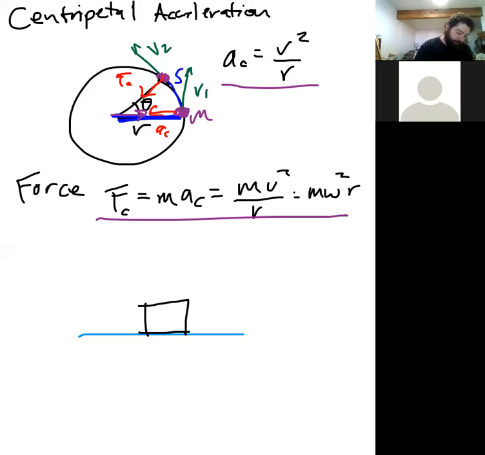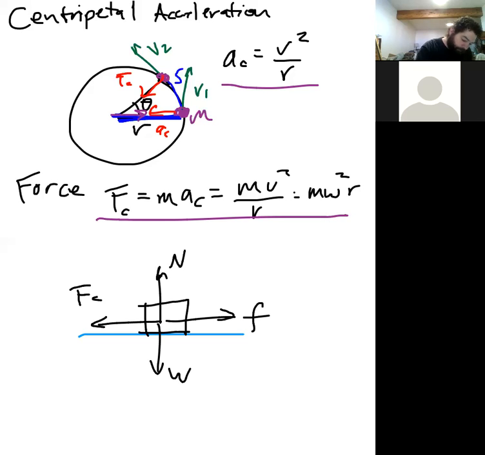But basically, say it's spinning, that'll be your centripetal force, and then you'll have some force going this way. That's friction. And so for it not to slip, the friction has to be equal to centripetal force. So then you also have gravity and a normal force here, the weight.